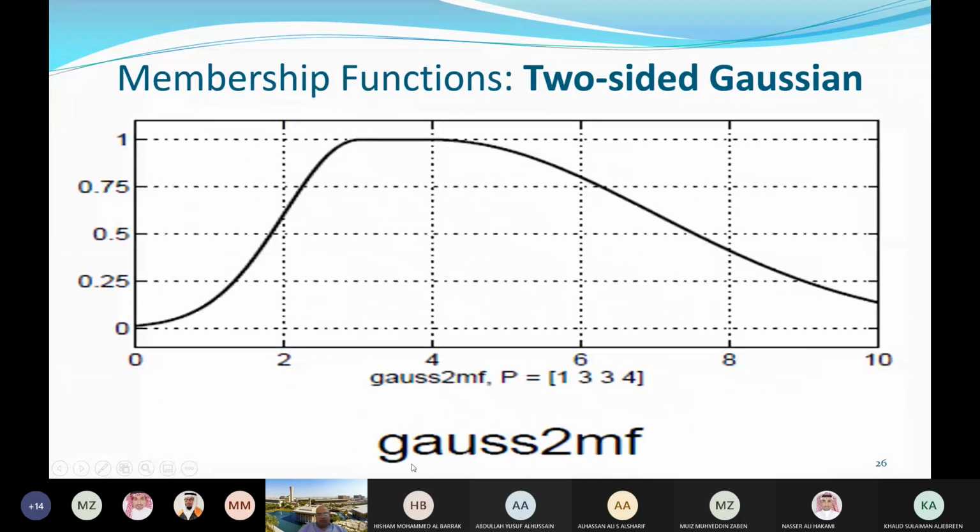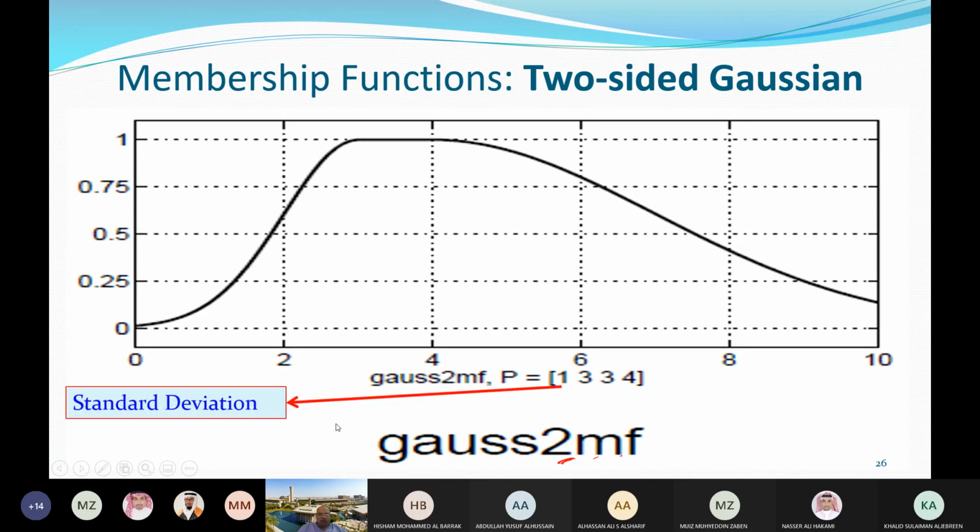In MATLAB you can also have the two-sided Gaussian, meaning two Gaussian functions. This one is completed as such, and this one is completed as such. So you combine both. This is the Gaussian 2 membership function. You have here 1, 3, 3, 4. That means you have the first Gaussian function and the second Gaussian function.